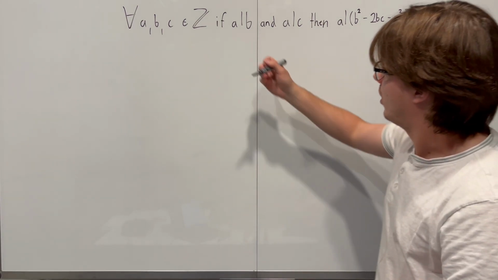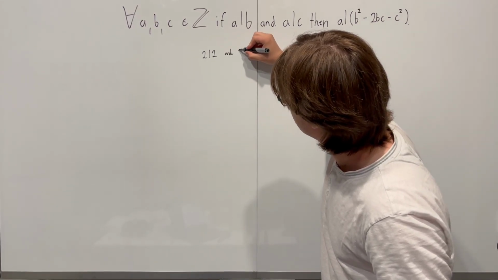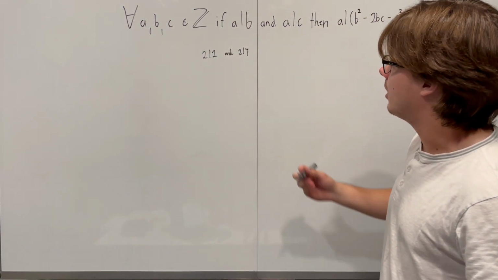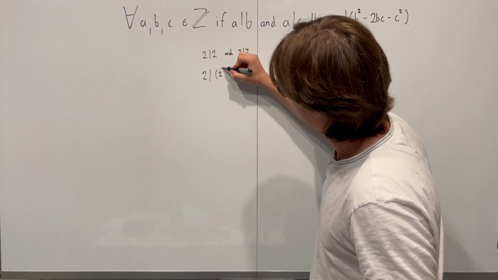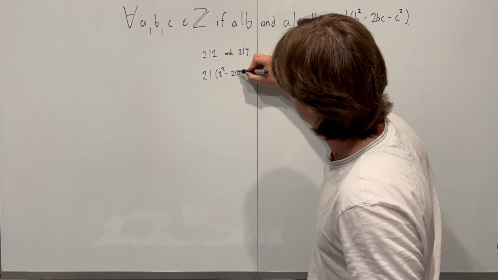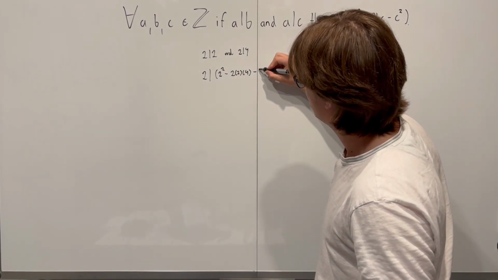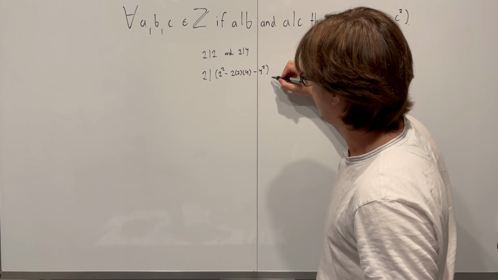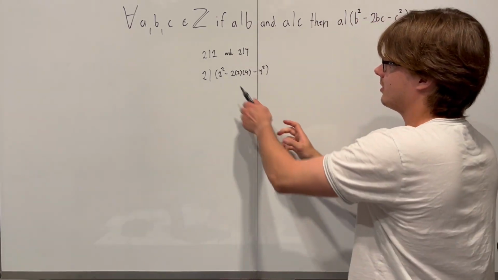Let's just do one. Let's do the very easy one of 2, 2, and 4. So then we ask ourselves, does 2 divide 2 squared minus 2 times 2 times 4 minus 4 squared? And the answer is definitely. You can definitely factor a 2 out of all of these, right?